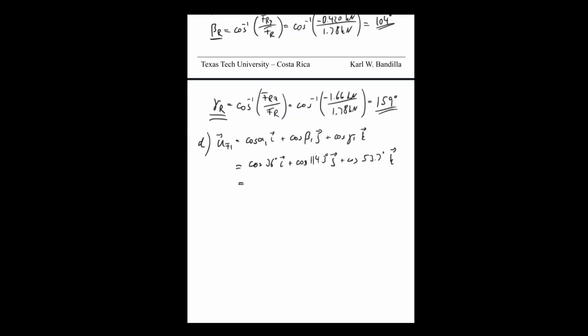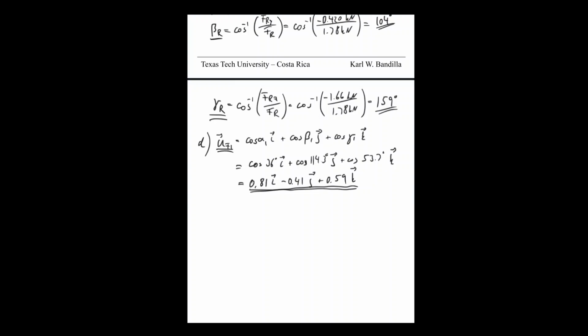If we plug those numbers in, I get 0.81 I minus 0.41 J plus 0.59 K. That's our first unit vector.